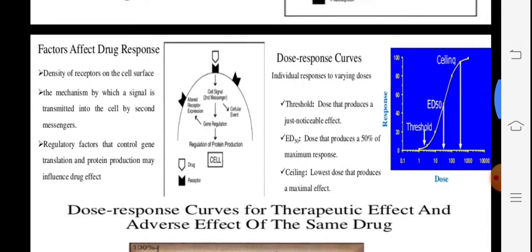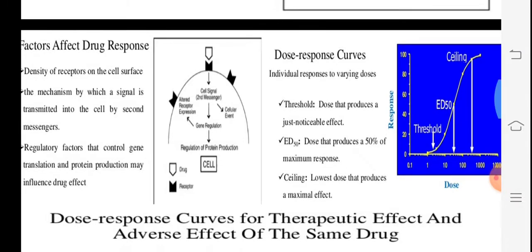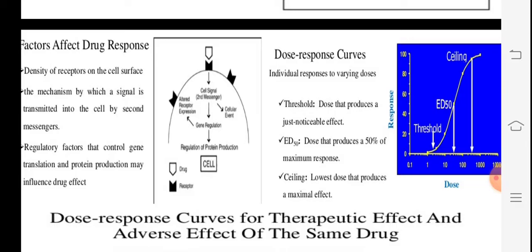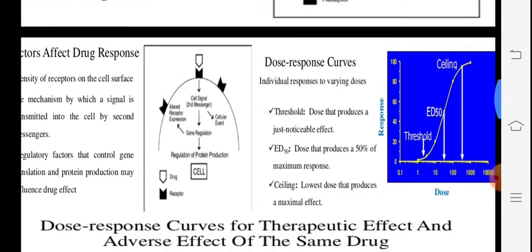So dose response is there, so how much dose in milligrams. Suppose the threshold is there, individual response, so the dose that produces just a noticeable effect. It is the lowest one, you see the graph, threshold, then ED50 and the ceiling.